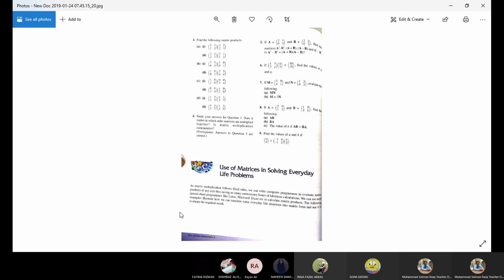Acha, in this book, we can see that one of the questions is find the value of A and B. This type of question is also mentioned over here. So I am going to take this question and will solve it over there for you guys.